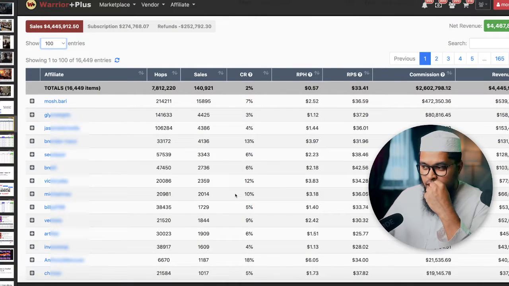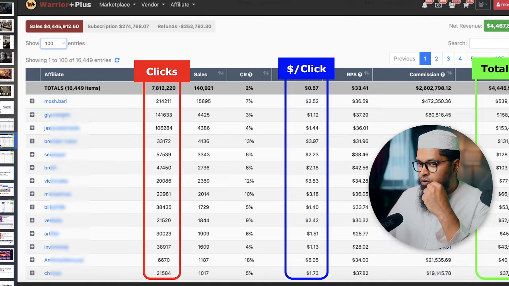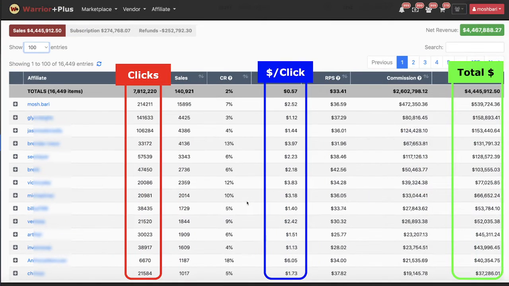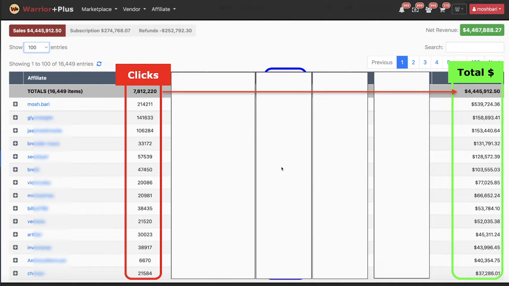So let's go to the next slide so I can highlight on what to focus on. We will focus on these three columns. Instead of going through all this data, or very confusing, we'll focus on these three columns, and we will start with these two columns. As you can see, the red column is called clicks.